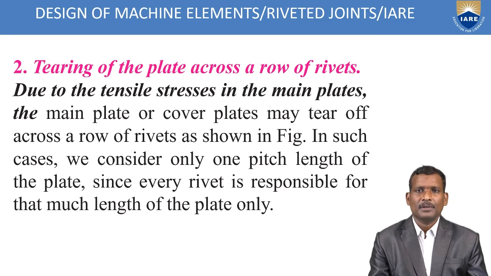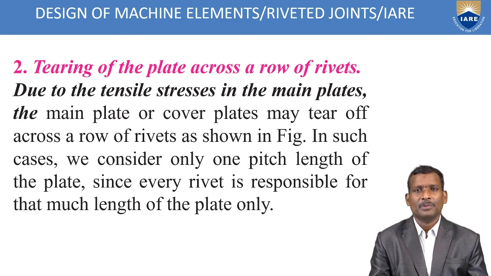The second type of failure is tearing of the plate across a row of rivets, so not at an edge, due to tensile stresses in the main plate.